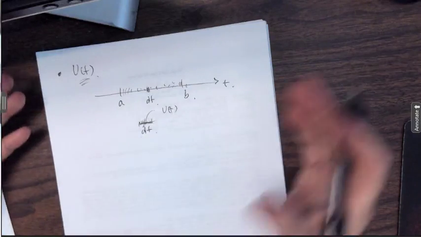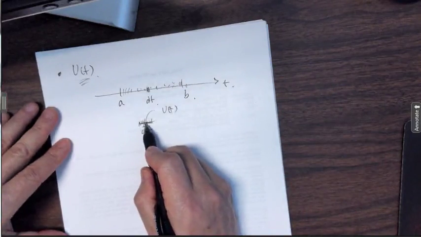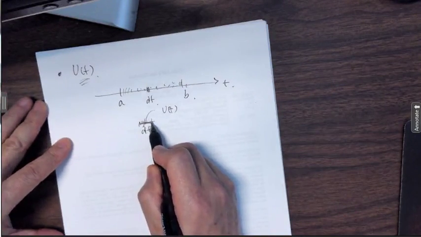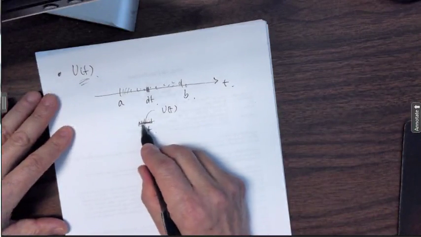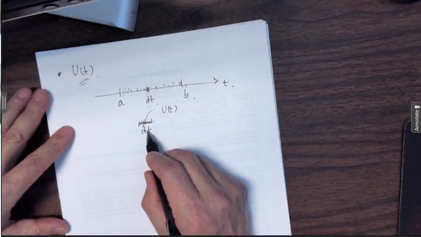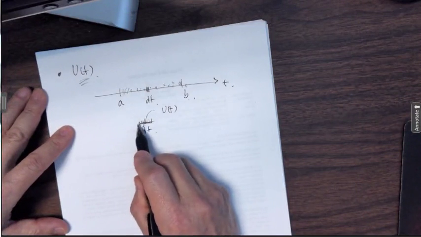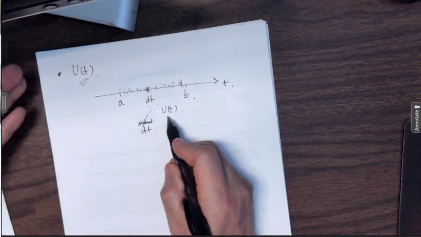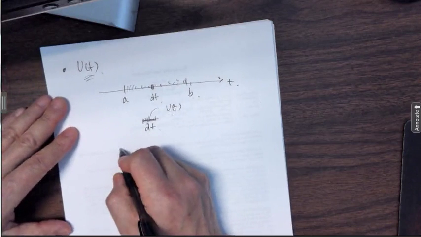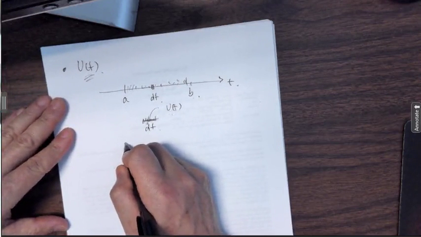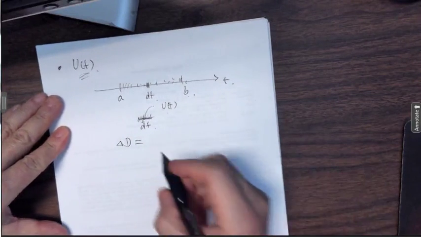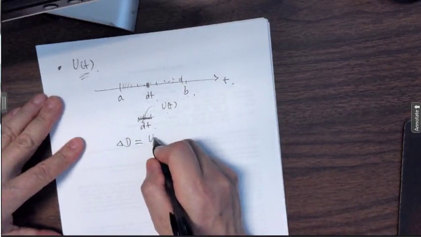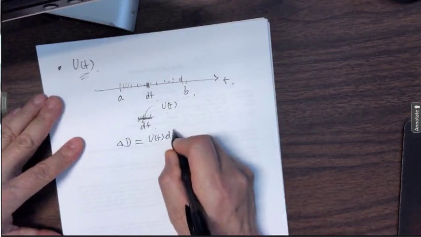It doesn't matter where we pick t, the middle or the right end or wherever, since it's a short time interval, it can be considered as a constant. Therefore, the distance would be approximately velocity times time.